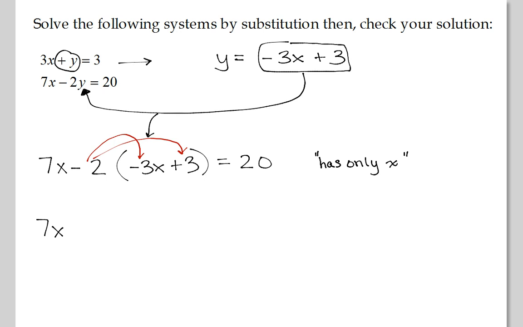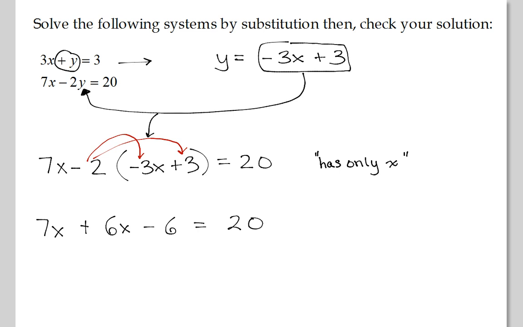Now when you multiply by a negative, what happens to the signs? So -2 minus 3 makes +6, and -2 plus 3 makes -6 when you multiply.